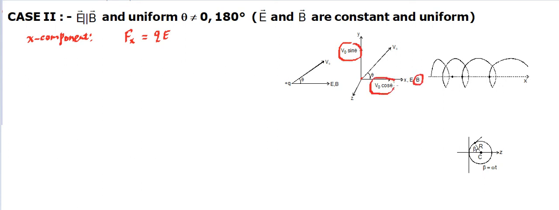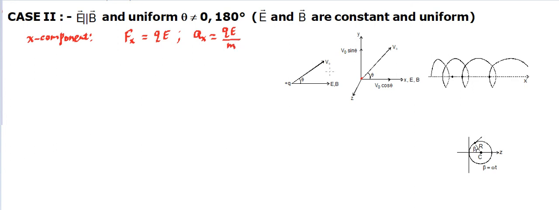This component of velocity will not have any force because of the magnetic field, because it is parallel to the magnetic field. So in the x direction this is going to be the force, and the acceleration in the x direction is simply going to be qE divided by the mass.